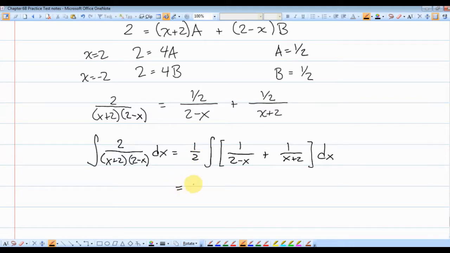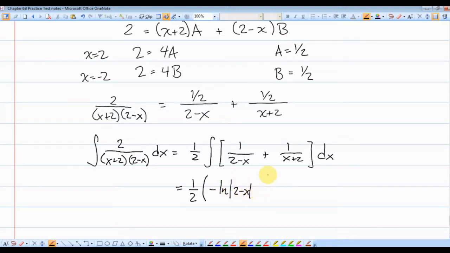Equals 1 half. Be very careful. What's du? u is 2 minus x, du is negative dx. So this is actually negative natural log of 2 minus x.